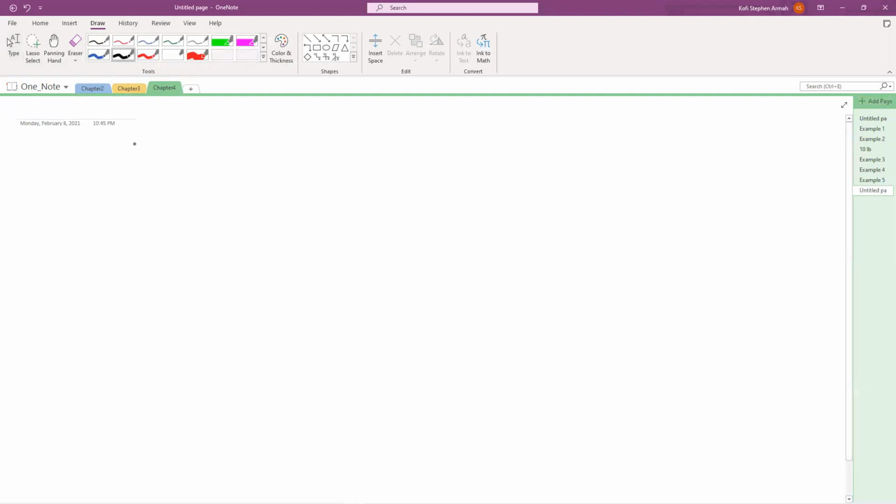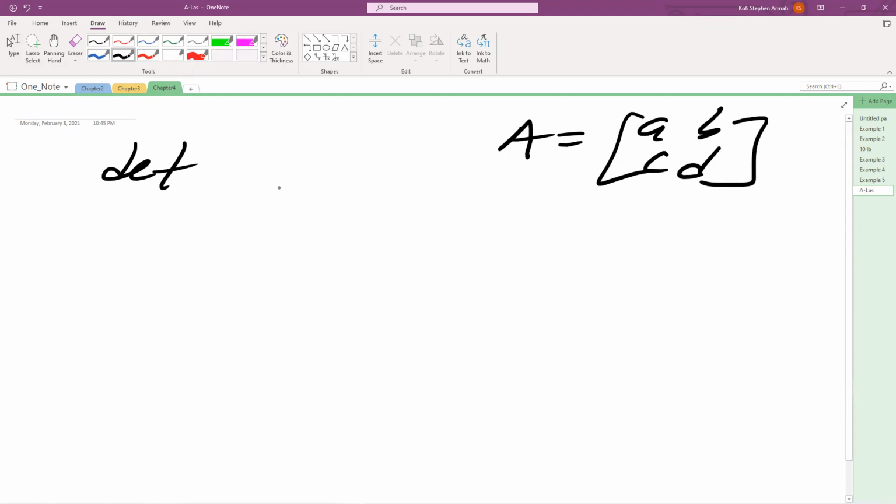If you are finding the determinant of a matrix A, with entries A, B, C, D, that is 2 by 2, and 2 by 2 is very straightforward.